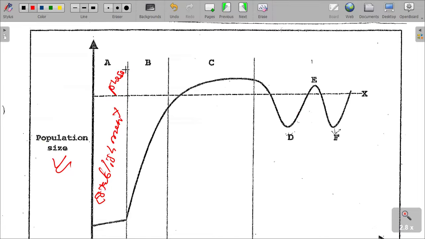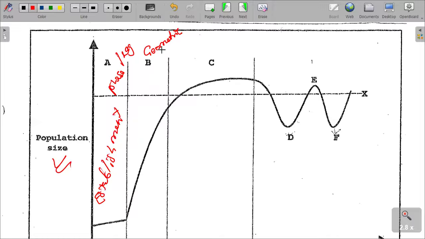Others also call it the lag phase. And then B is the geometric phase.